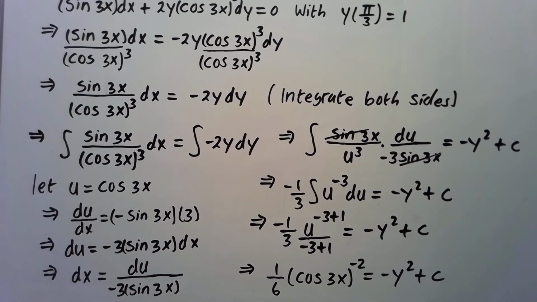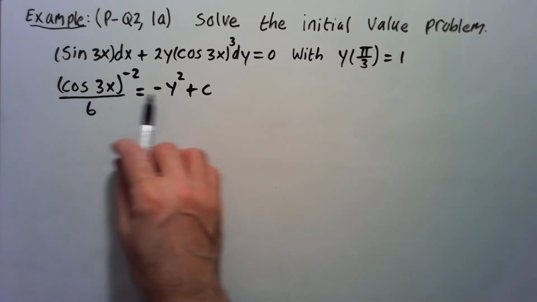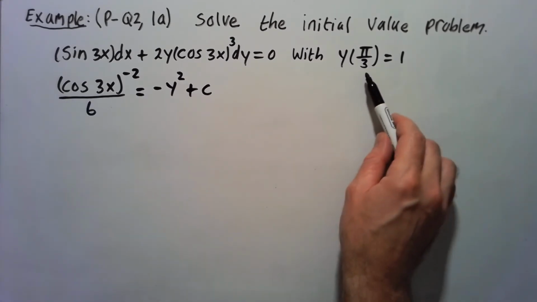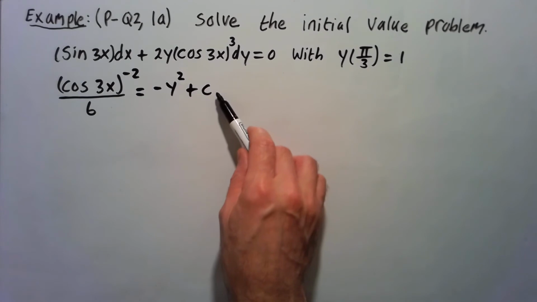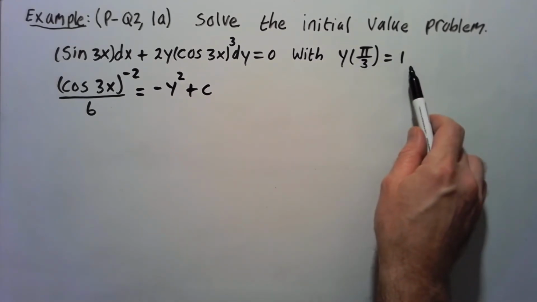So I'm out of space now, so I'm going to erase a few things and we'll keep going. Okay, so then we have what's written up here. Now let's use our initial condition to find out what c is. We have that y of pi over 3 equals 1.